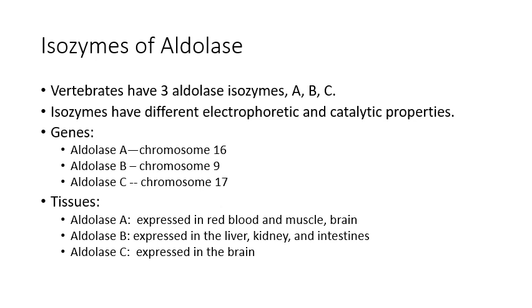They're found in different tissues. Aldolase A is found to be expressed in red blood cells and muscle and brain. Some studies show the brain. Aldolase B is expressed in liver and kidney and intestines, and aldolase C is expressed especially in the brain.